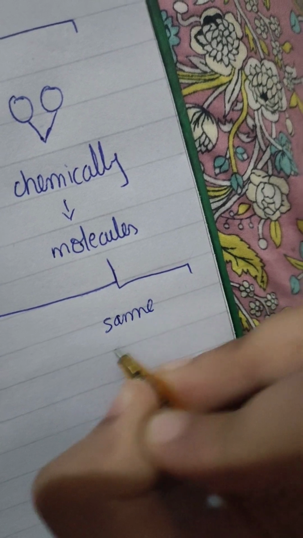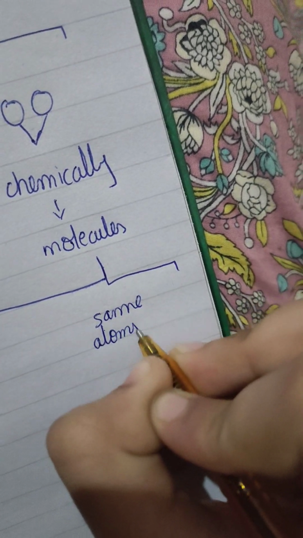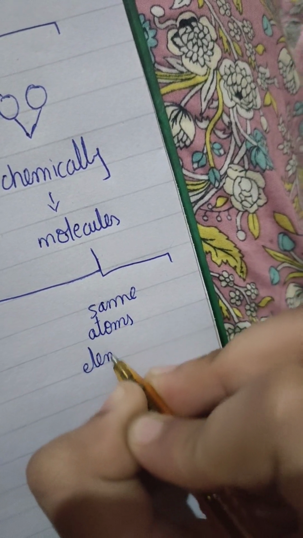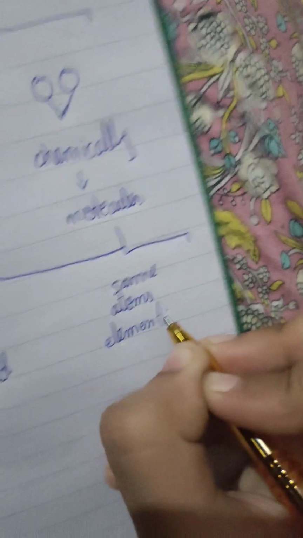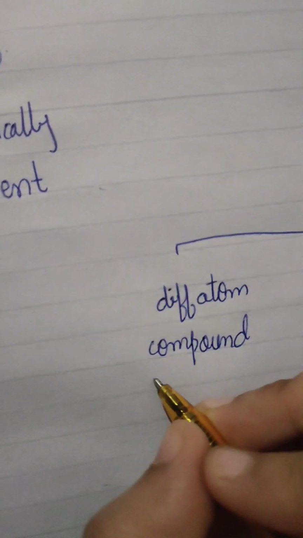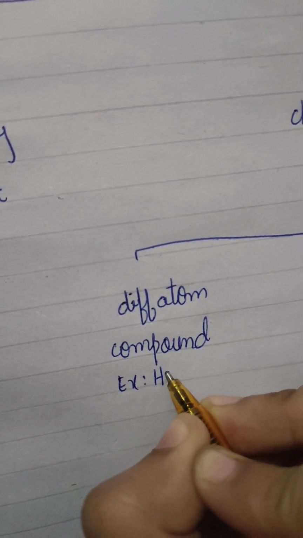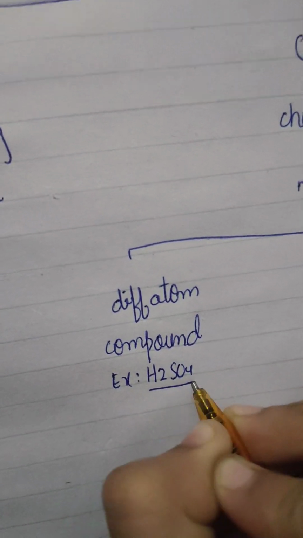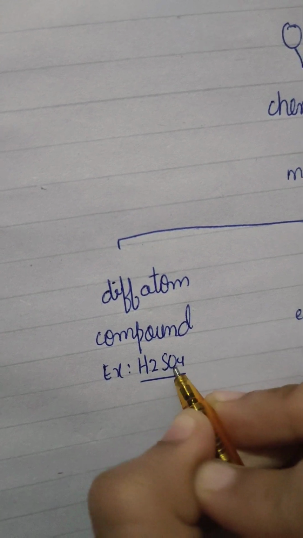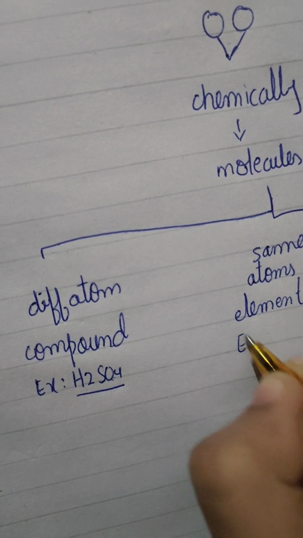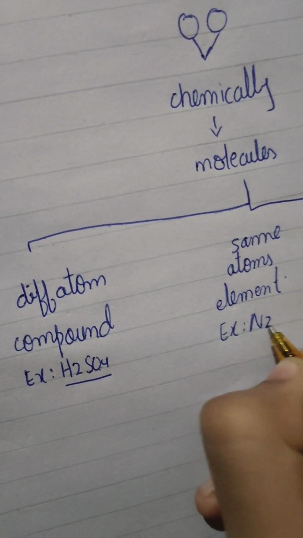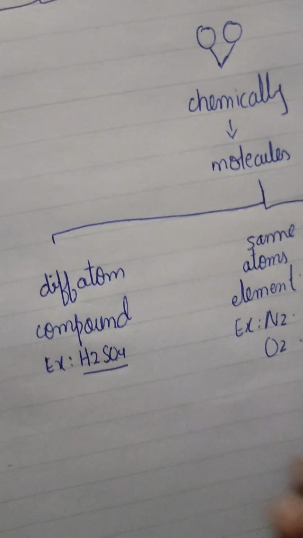The same atoms will make an element, a molecular element. For example, H2SO4 is a compound, made of different atoms, and N2O2 is made of the same elements.